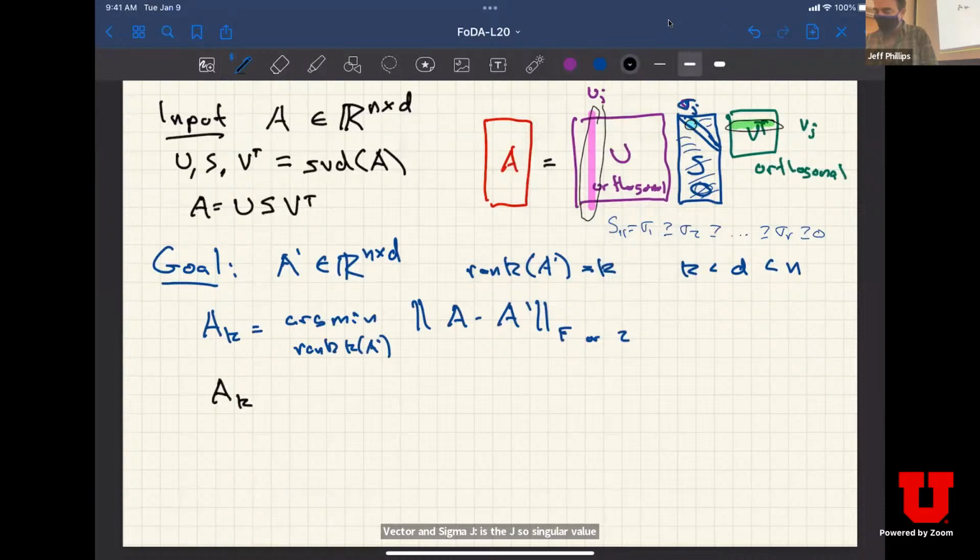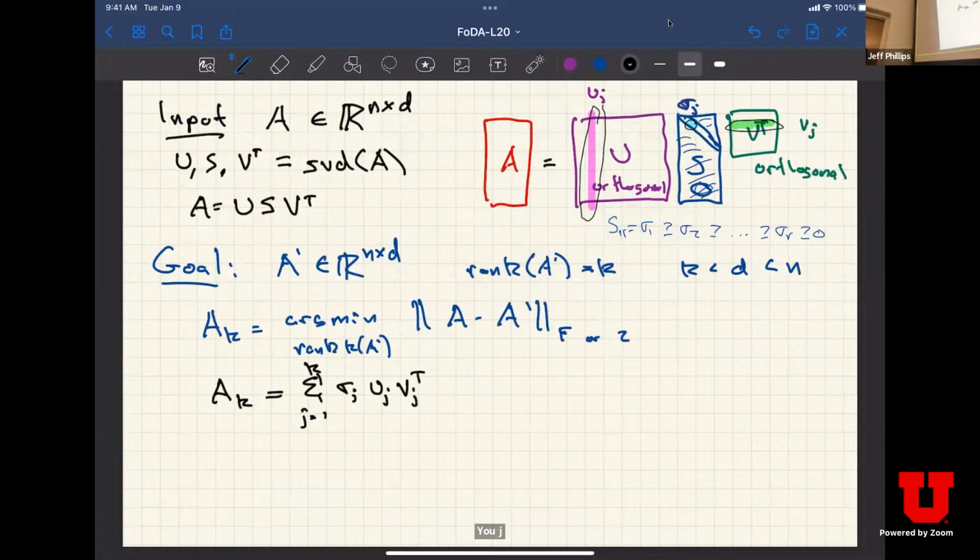Then I can recover A sub k, it turns out, as the sum from j equals 1 up to k of sigma_j u_j v_j transpose. Okay, so this is one way I talked about earlier.